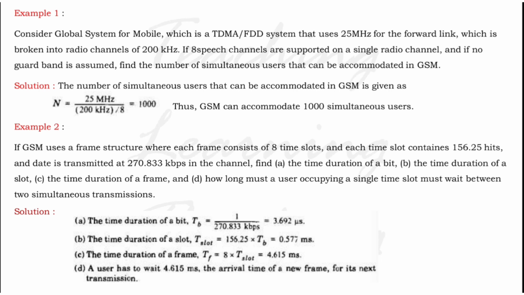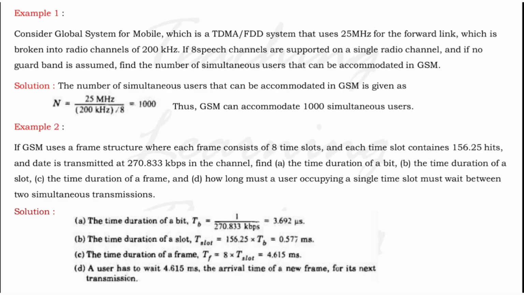The time duration of a frame, T_f, equals 8 times T_slot, since there are 8 time slots, so 8 times 0.577 milliseconds gives 4.615 milliseconds. And fourth, a user has to wait 4.615 milliseconds, the arrival time of a new frame, for its next transmission.